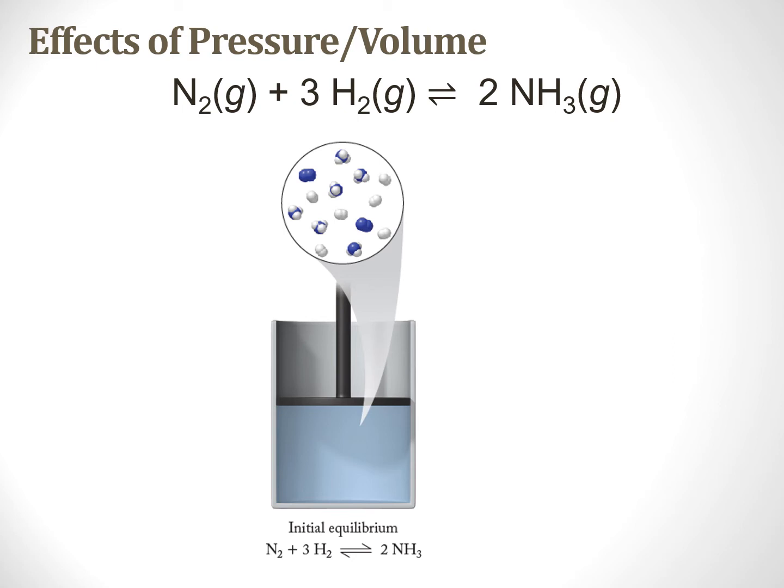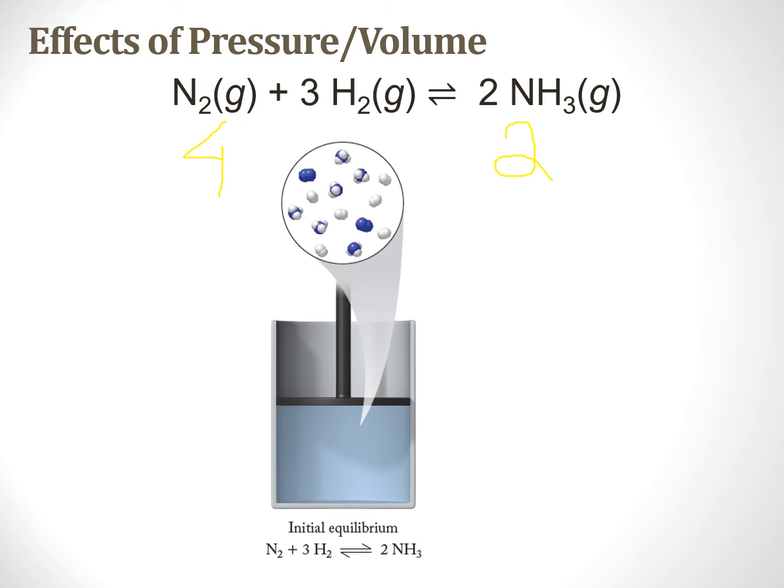So let's see this example. This is the Haber reaction for the synthesis of ammonia. On this side, we have a total of 4 molecules of gas, 1 nitrogen and 3 hydrogen. On this side, we have 2 molecules of gas because we have only the ammonia. So between the two sides, the products have fewer moles of gas.